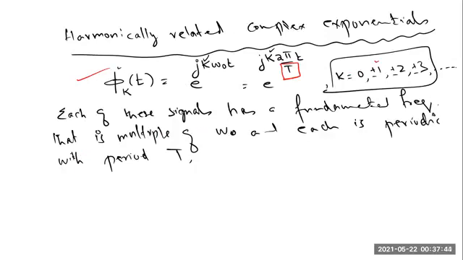So if you put k equal to 1, you get a signal e to the power j omega naught t, or e to the power j 2 pi by capital T into small t. This is a signal which has a fundamental frequency of omega naught and a fundamental period of capital T. If you put k equal to 2, you get 2 omega naught t, which means this signal has a fundamental frequency which is twice of this one.